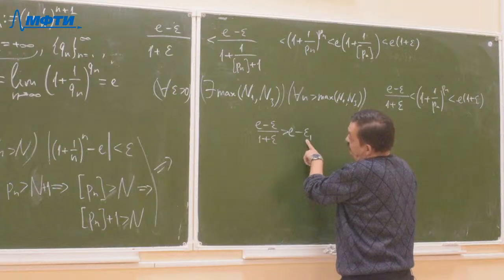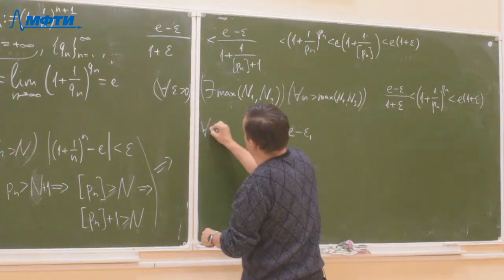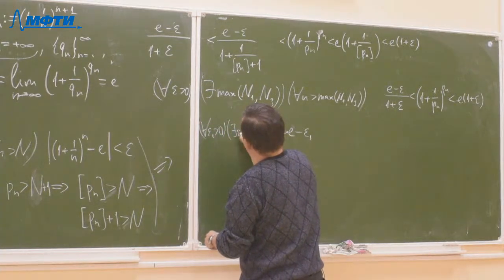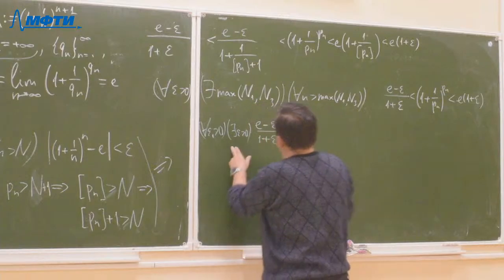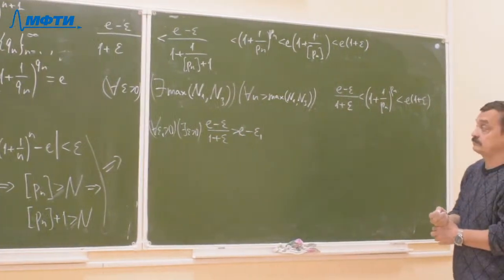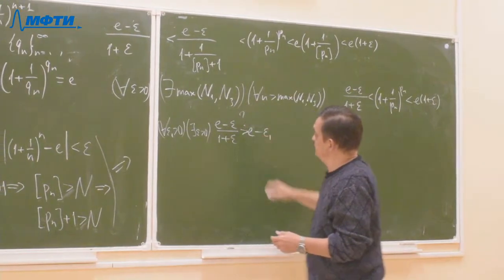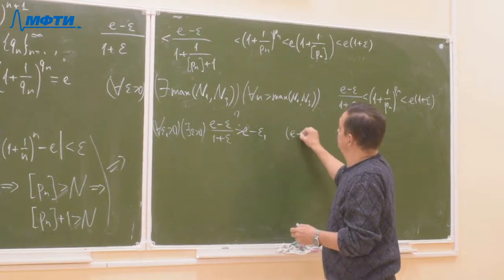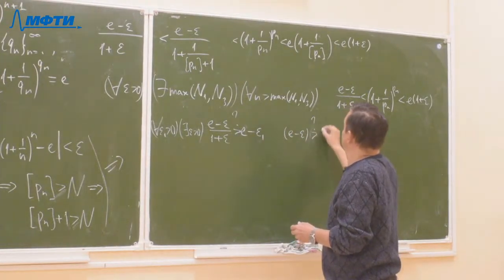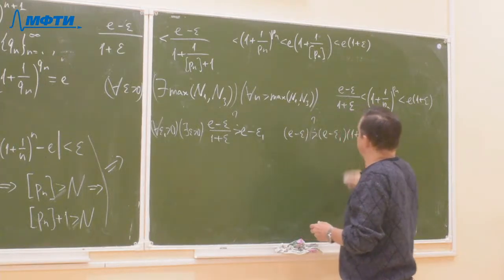So for arbitrary epsilon 1 greater than 0, there is epsilon greater than 0 such that this is true, right? Why is this the case? Just multiply E minus epsilon 1 times 1 plus epsilon.